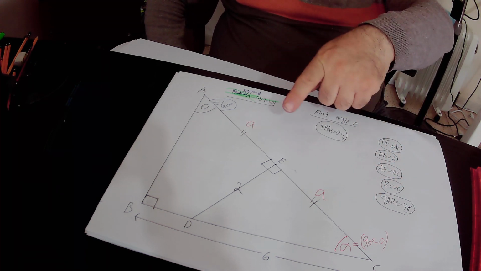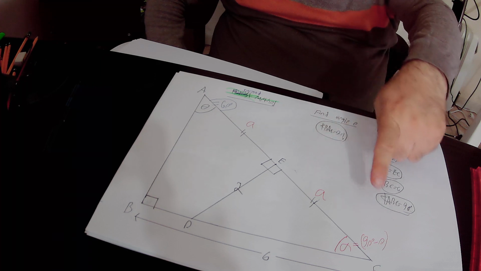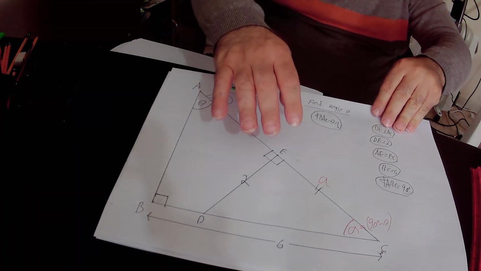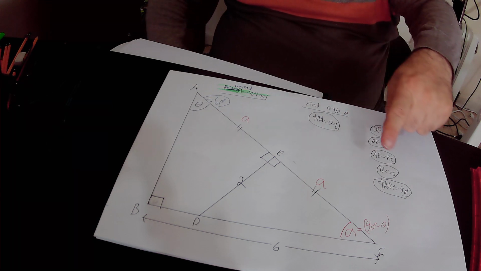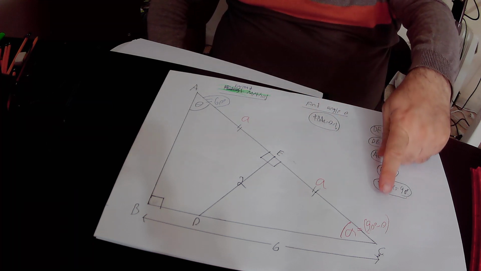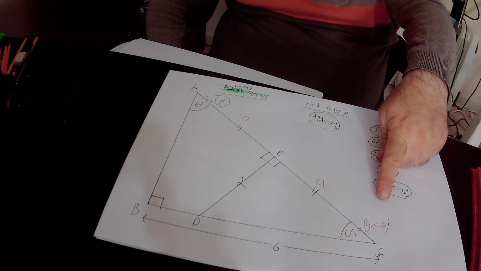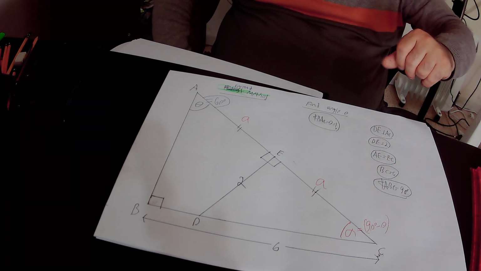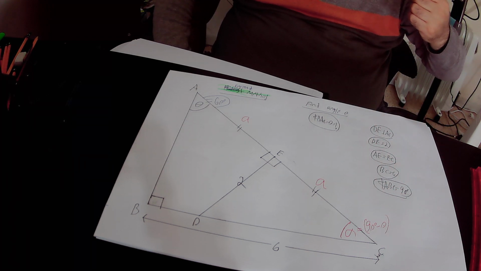We defined AE as A. EC will also be equal to A. Then we focus on the right triangle ABC. Here, this angle also equals 90 degrees minus theta. Therefore, we can conclude that alpha equals 90 degrees minus theta, exactly as we did in the first method.